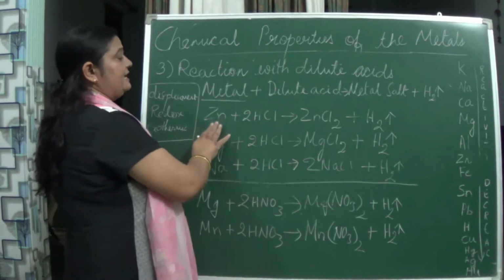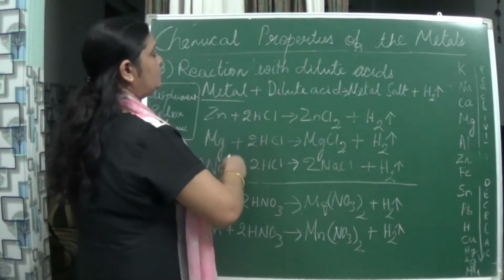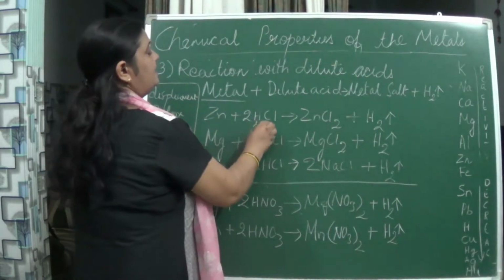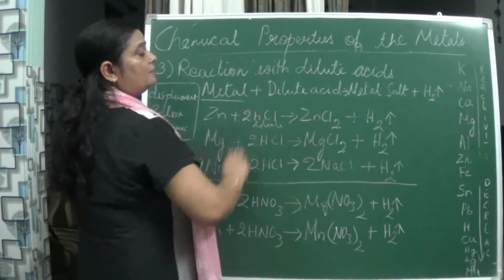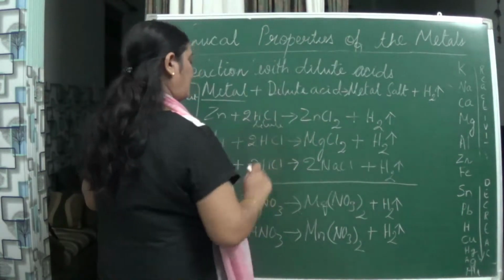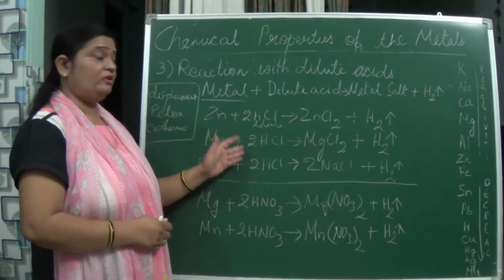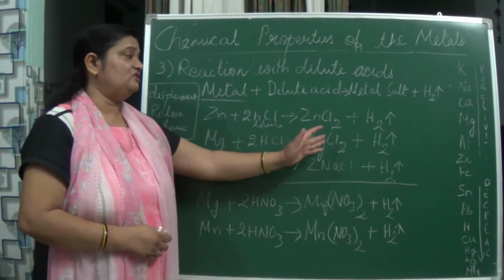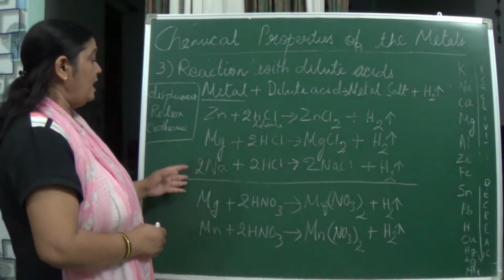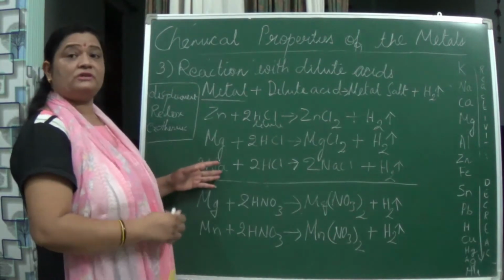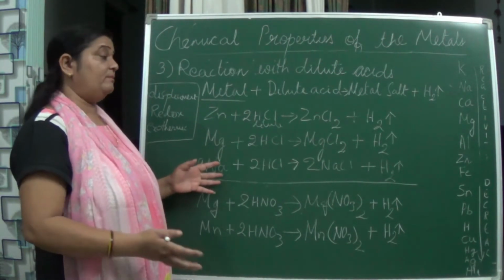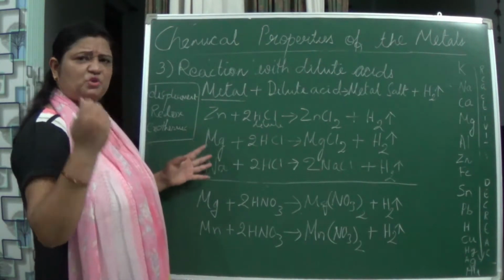We have taken zinc. When zinc reacts with dilute HCl, it forms zinc chloride plus hydrogen gas. When we say magnesium, it also reacts more vigorously than zinc to form magnesium chloride and hydrogen gas. When we talk about sodium, this reaction is violent, a tremendous amount of heat is given out and it is so vigorous.